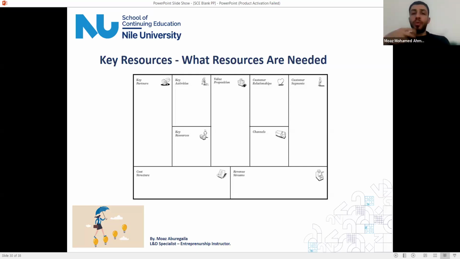Are you able to provide these resources, or do you have to find a partner who provides you with these resources? So again, reflecting on the waste management application, what could be an important resource that will help the application to function and grow? But first, we'll hear Emmanuel.